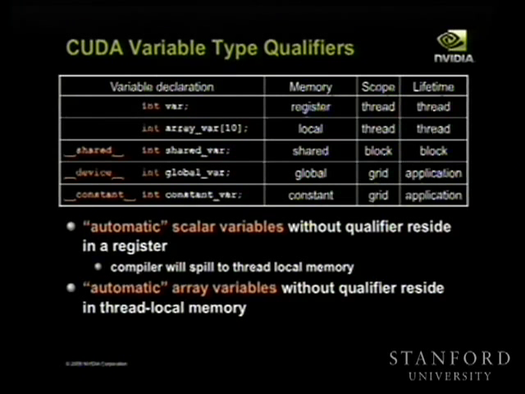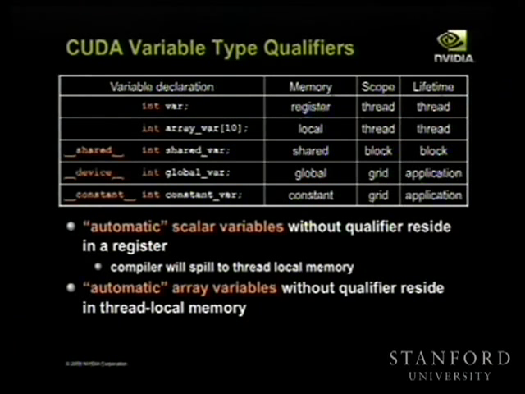The only difference here is that the register is going to be on the GPU instead of the CPU, of course. And so for register variables, the scope, or the lifetime, is just a single thread. So a single thread has access to these variables, and you get one of these variables per thread. So you can think of hundreds of thousands of these register variables.